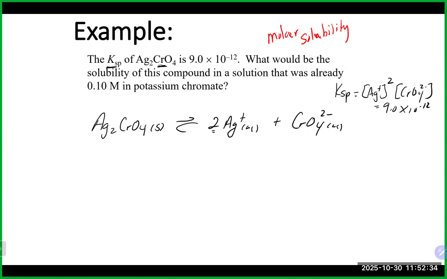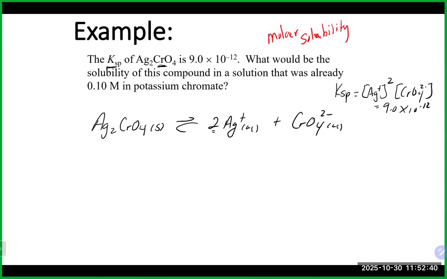We also have this not in water, but in a solution that has potassium chromate in it. And potassium chromate is K2CrO4. And that is going to be a strong electrolyte, which will break apart into a couple of potassiums and a chromate.